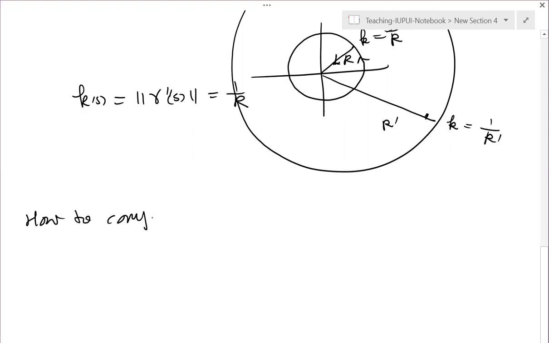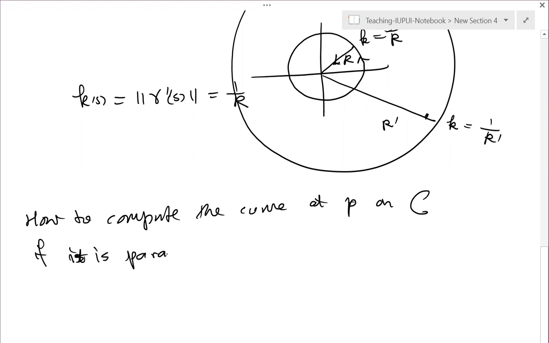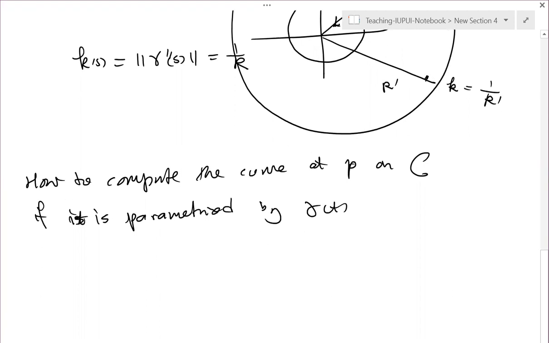Consider the curvature at point P on the curve C, if it is parameterized by gamma of t. It's not necessary for t to be arc length, just an arbitrary parameterization.